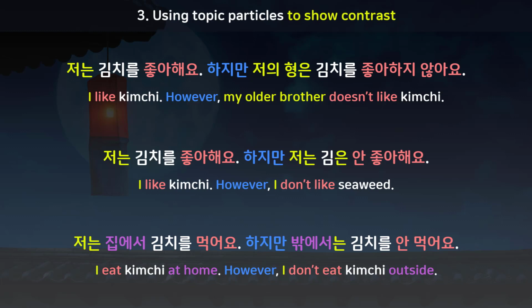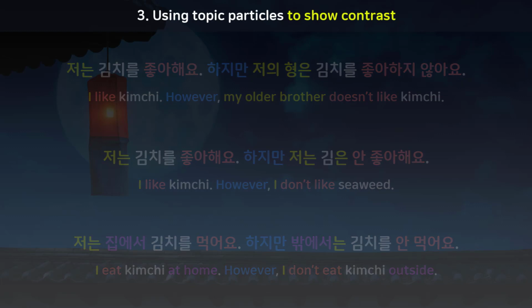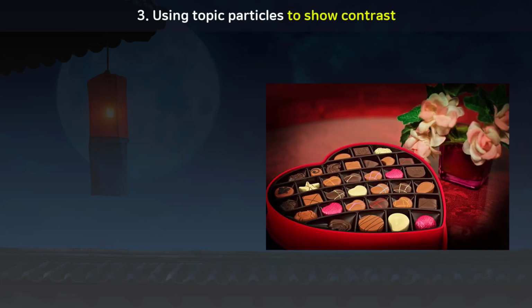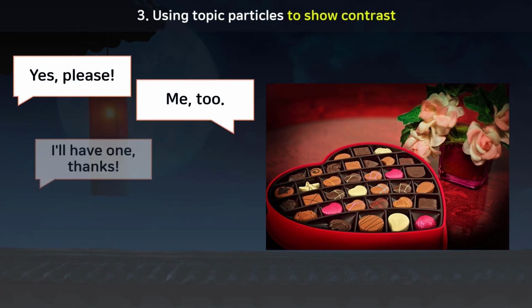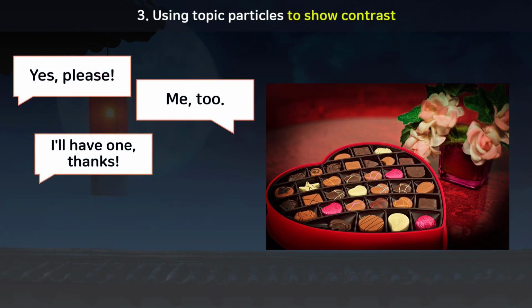Now, do keep in mind that when we show a contrast in everyday situation, we don't always state two sentences that contrast each other together. For example, let's say that your friend is offering chocolate to everyone, and everyone before you said yes, but you want to say no, I don't want chocolate. So in this situation, to say I'm okay, you would use the topic particle to show a contrast between you and your friends.